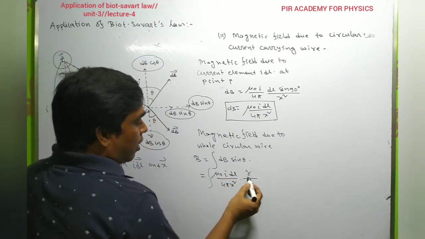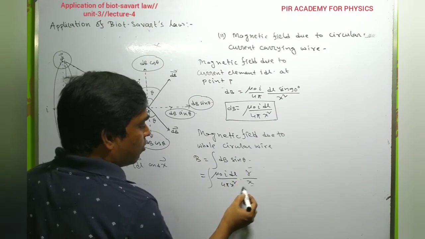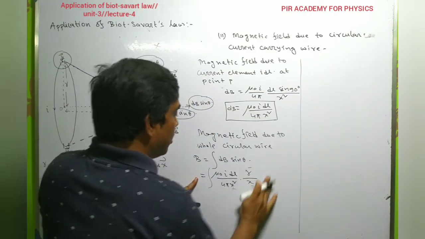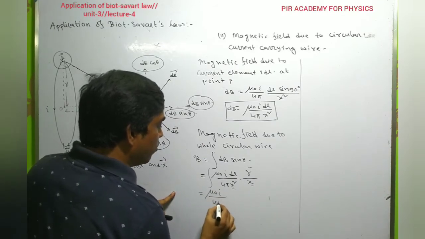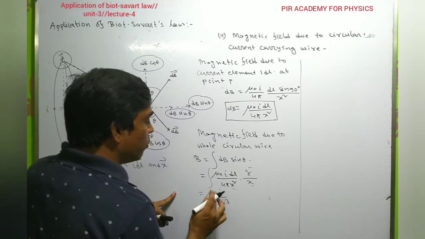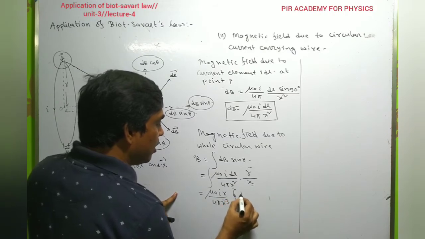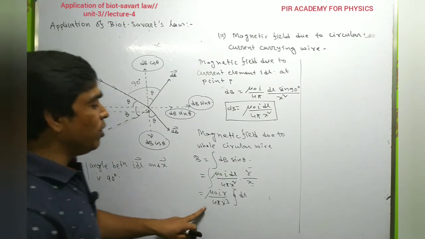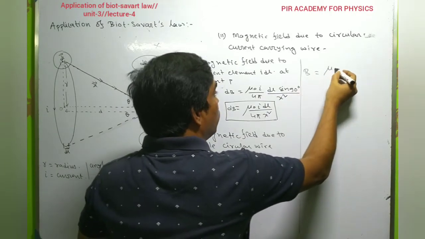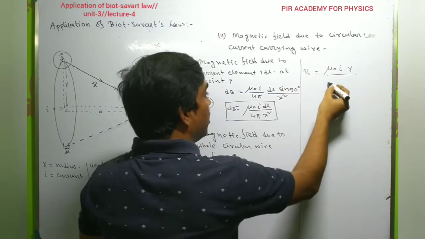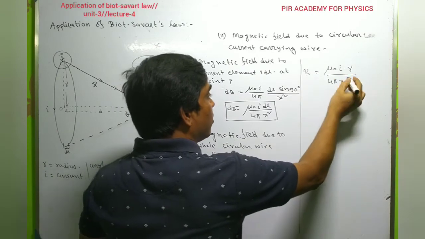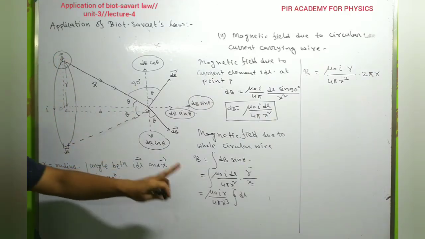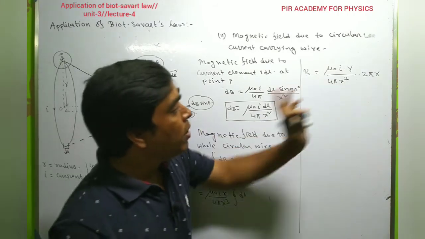Now this is constant and this is constant, only dl is variable, so it will be mu 0 I by 4 pi x cube, and here will be r and the integration of dl. If you integrate over this circular path, it will be 2 pi r. So the magnetic field will be mu 0 I r divided by 4 pi x cube, not x square cube, and here will be 2 pi r, because the integration over this circular path is the circumference of this radius, that means 2 pi r.